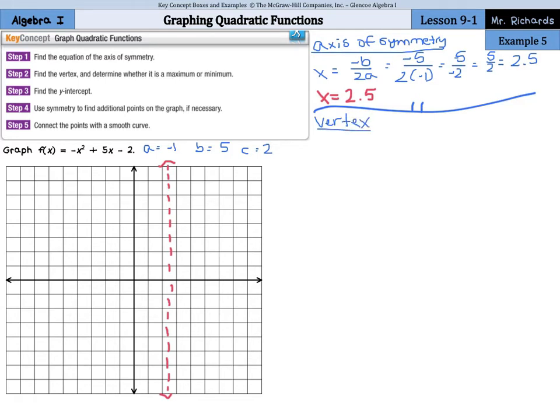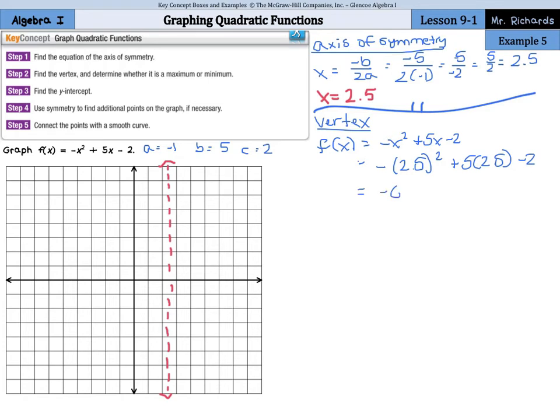So we'll use our original equation, f of x equals negative x squared plus 5x minus 2, and we'll put in the 2 and 5/10. So this will equal negative 2 and 5/10 squared plus 5 times 2 and 5/10 minus 2.